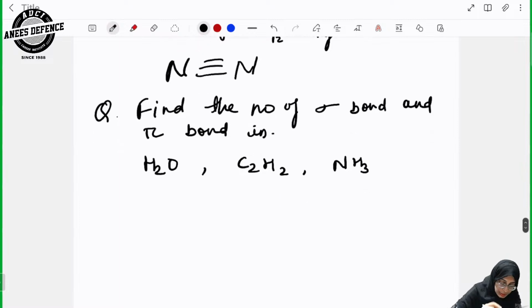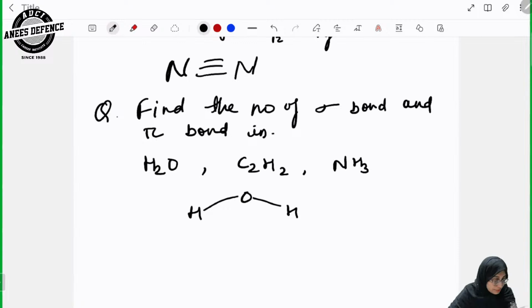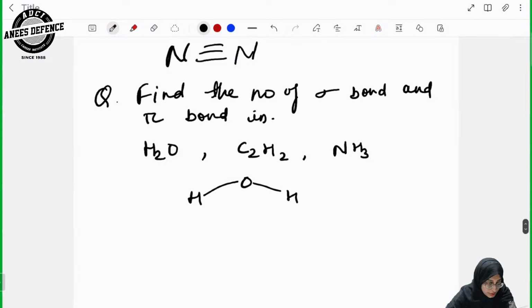So first we have to draw the structure of H2O. This is the structure of H2O. Now tell me, how many sigma bonds and pi bonds are there? No pi bond, only single bonds.